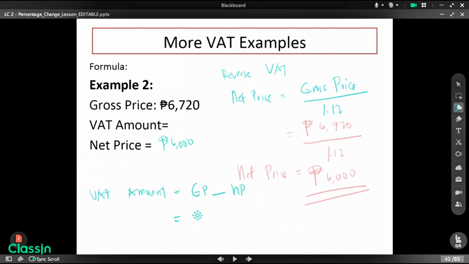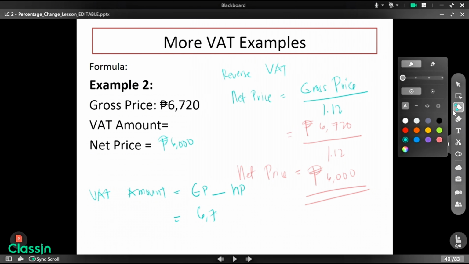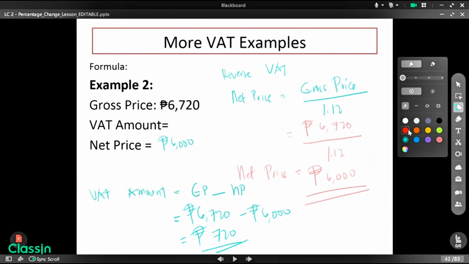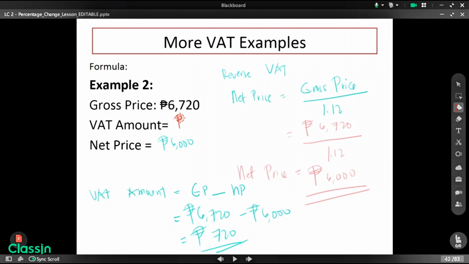So it will be 6,720 pesos minus 6,000. So the answer is 720 pesos. The VAT amount is 720 pesos.